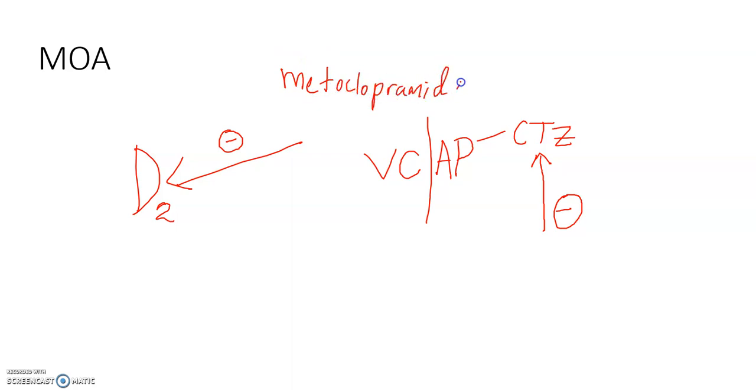So that's what metoclopramide does. There are many brand names; the most famous one is Maxolon. What are the indications, and what are the reasons why we give metoclopramide?